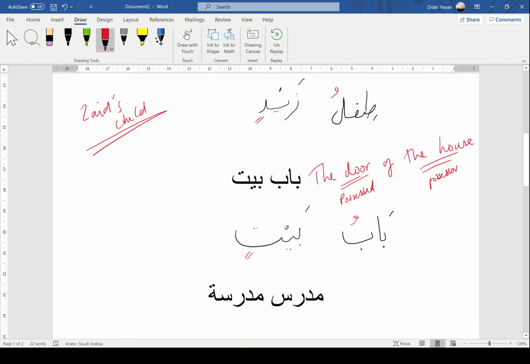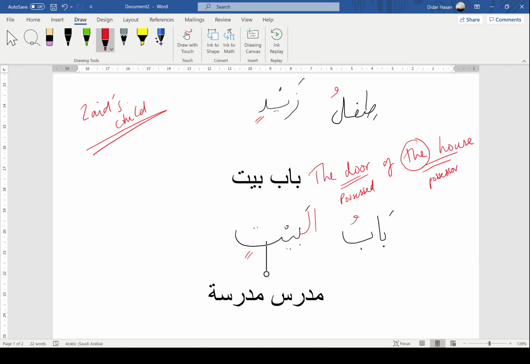Look at the sentence. The sentence is the door of the house. Right now, babu baytin literally means the door of a house. So how do I put the "the" in Arabic? I'll need to put an alif lam, isn't it? Babul bayti. That's how it should be.